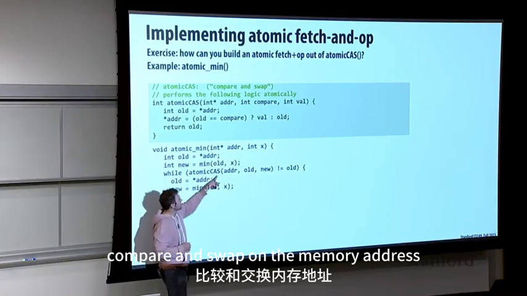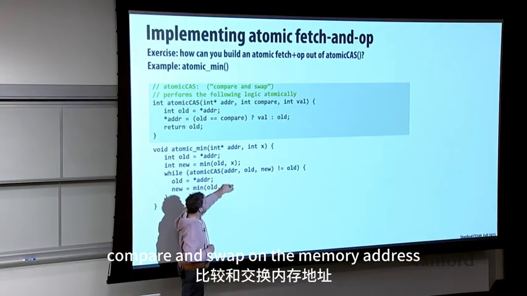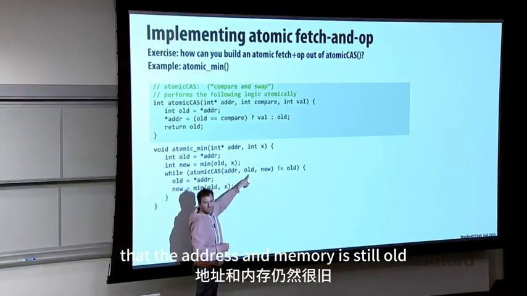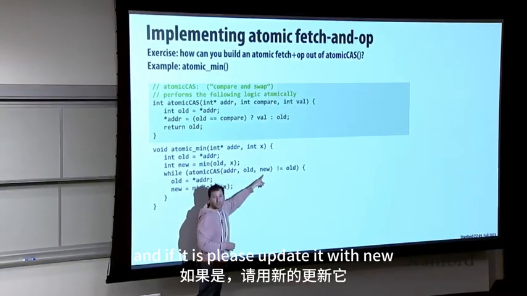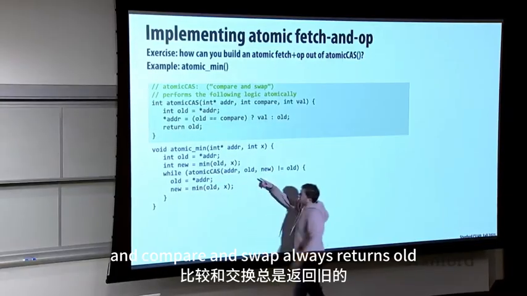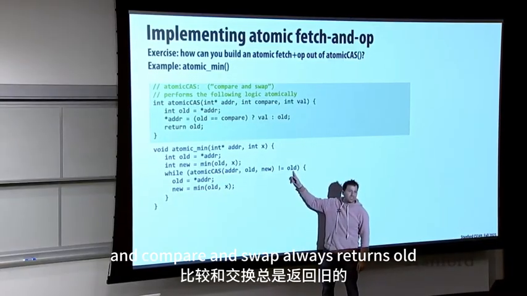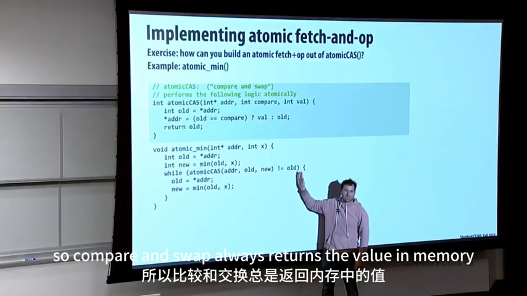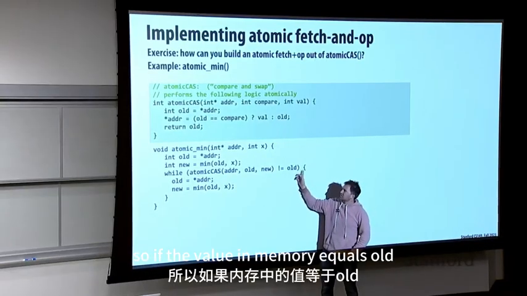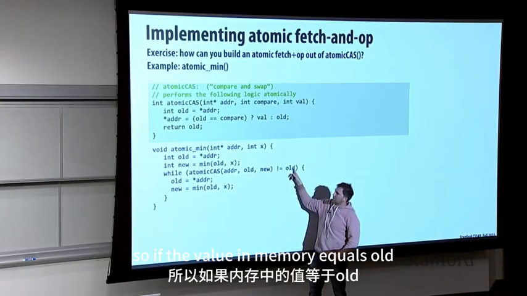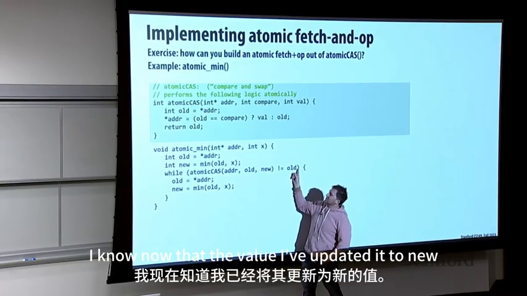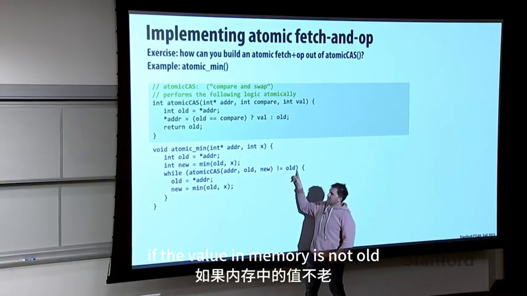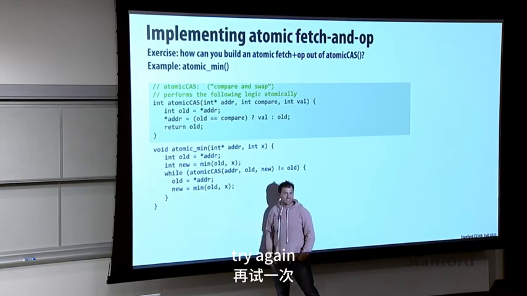So I'm going to do an atomic compare and swap on the memory address, and I want to make sure that the value at the address in memory is still old, and if it is, please update it with new. Okay? And compare and swap always returns old, and so that's how you know if you succeeded. So compare and swap always returns the value in memory. If the value in memory equals old, I know now that I've updated it to new. If the value in memory is not old, try again.